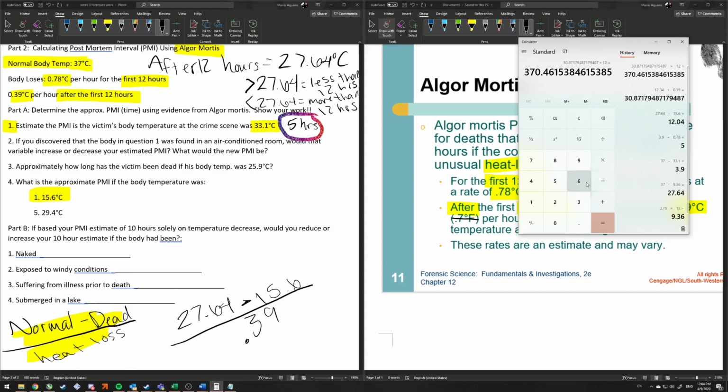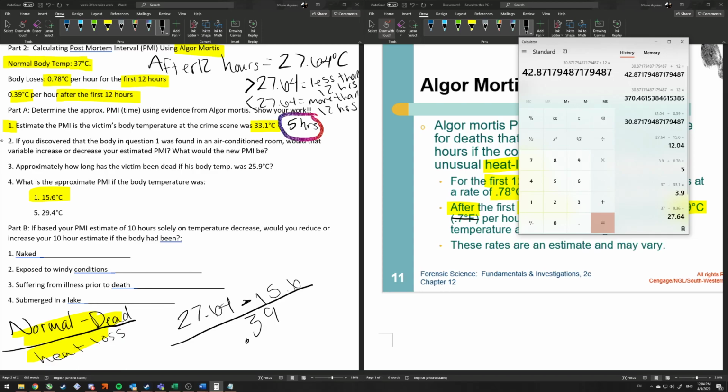Not times 12, plus 12. I should have just added it. All right, so bam. Now you know the person's been dead for 42 hours.